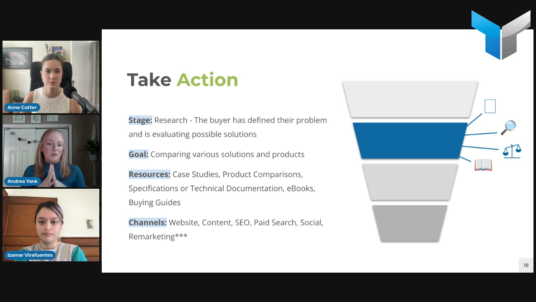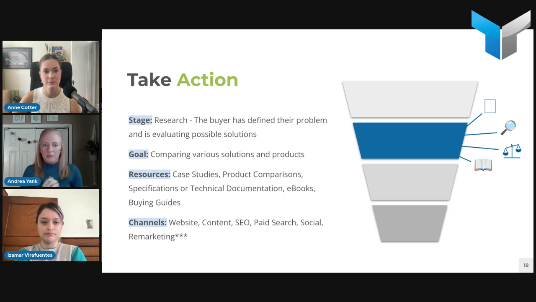And then I have remarketing with a bunch of asterisks next to it, because if you take these personas, and this is like pie in the sky, right, if you've taken these personas and you cater a campaign around your persona and you're pushing them through this buyer journey, you can, of course, use remarketing at this stage. So they've done their education, which should be your awareness stage.